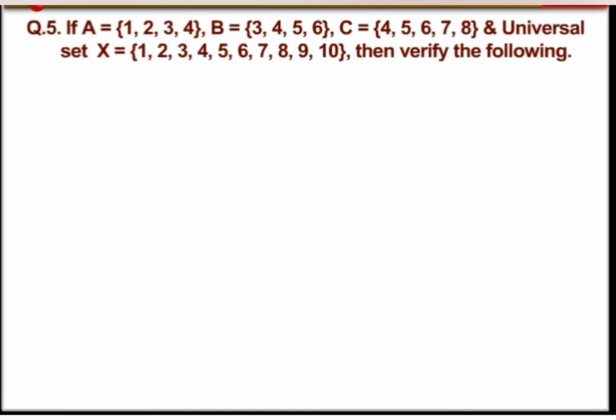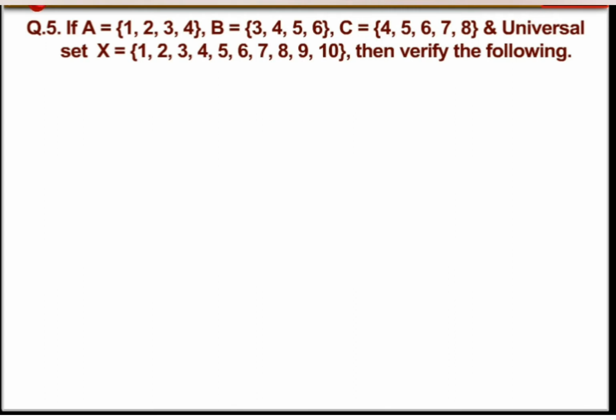Question number 5. If A is a set of {1, 2, 3, 4}, B is a set of {3, 4, 5, 6}, C is a set of {4, 5, 6, 7, 8}, and a universal set X is equal to {1, 2, 3, 4, 5, 6, 7, 8, 9, 10}.